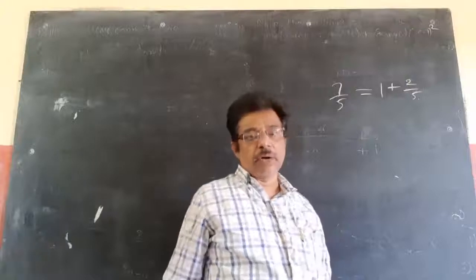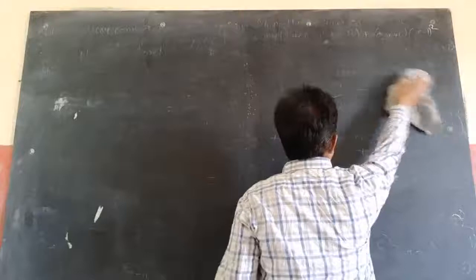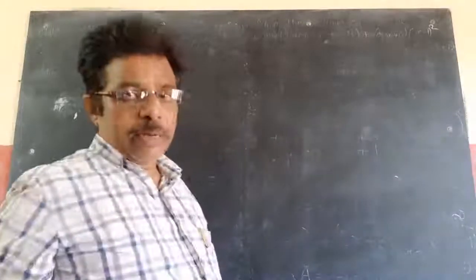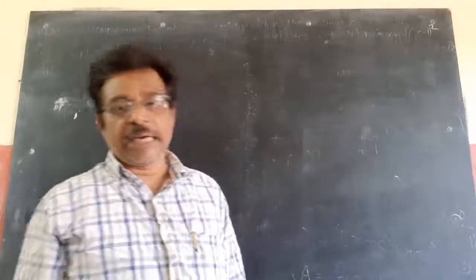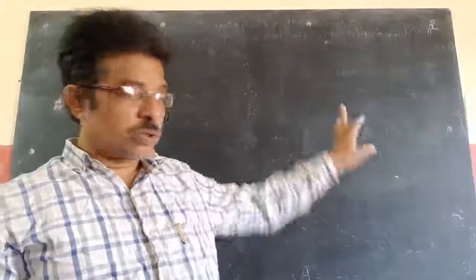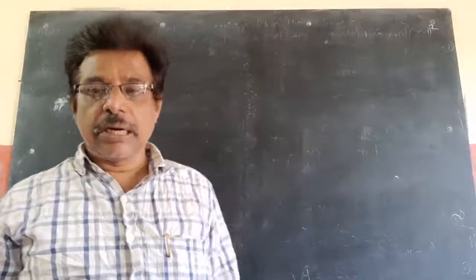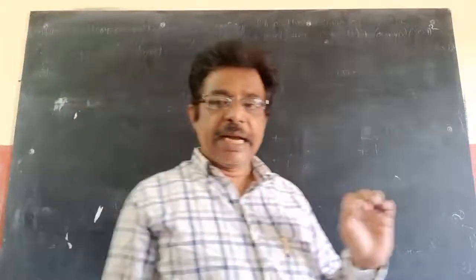Same procedure we will follow here also. If it is an improper fraction function, where the numerator degree is more than the denominator, then we will do like this only: first ordinary division, quotient plus remainder by divisor. We will take one example, then you can understand. x cube by x minus 1 into x plus 2.